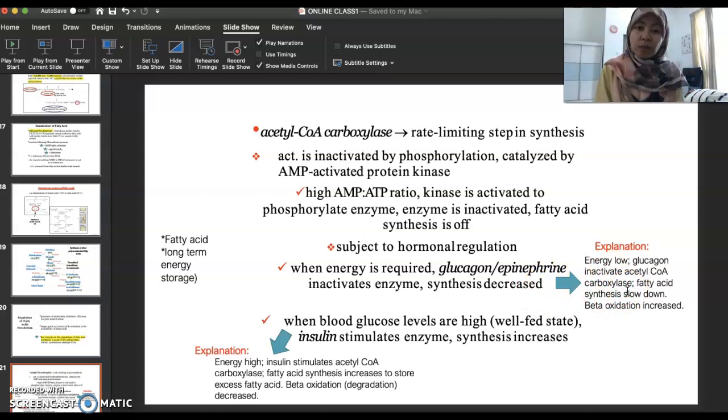Bagaimana the process will behave, sama ada speed dia makin laju ataupun speed dia makin slows down. So saya harap kamu boleh figure out and really understand deeply the condition on how the metabolism and regulation relationships.